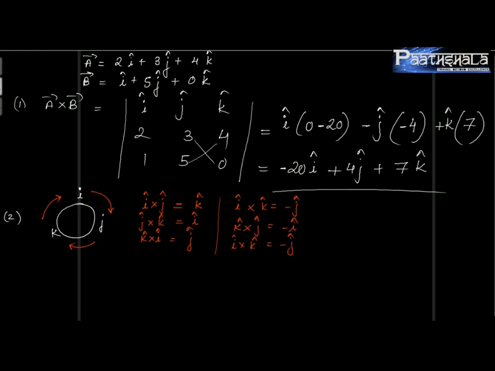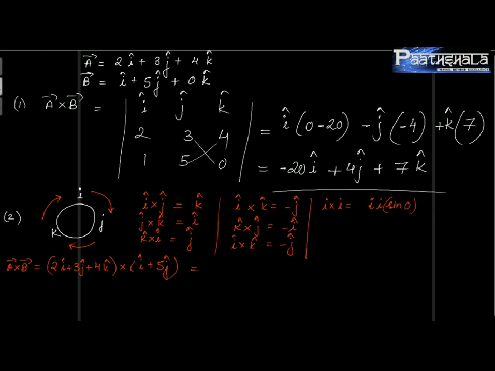So using this and using regular bracket opening, we get A cross B is equal to 2i plus 3j plus 4k cross i plus 5j. So the first multiplication is i cross i. Okay, let me also write that i cross i is equal to i i sine 0.